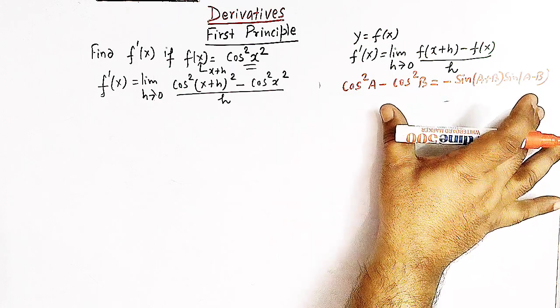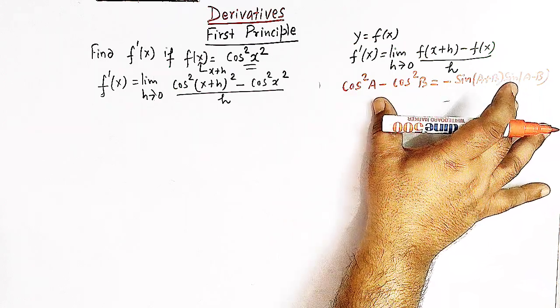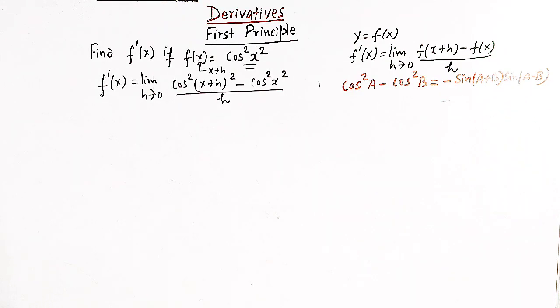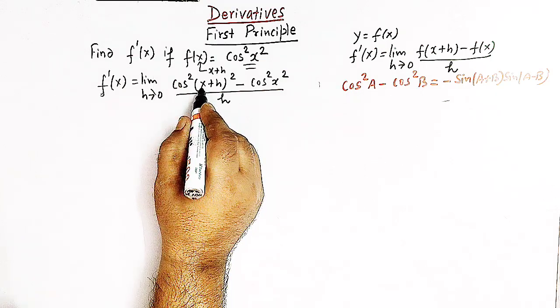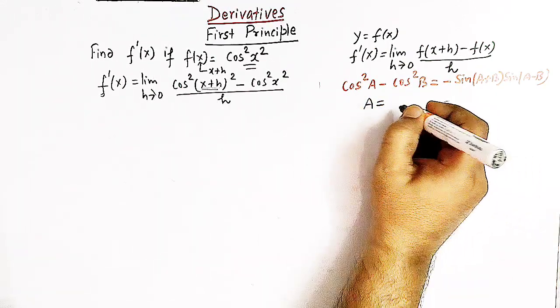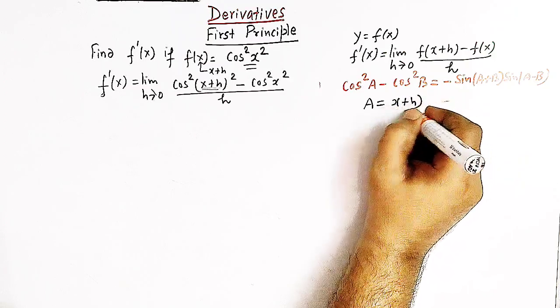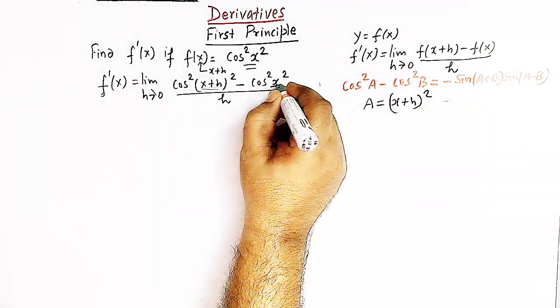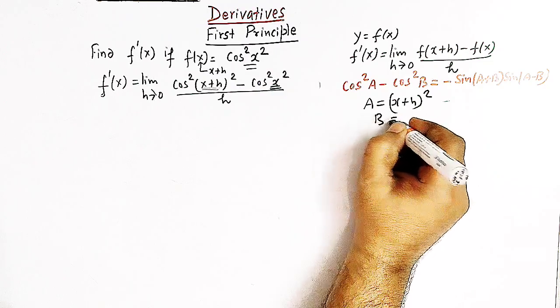So this is an important trigonometric identity which can be used here, and what we will do, we'll take a as this term, right? So we'll assume a as x plus h square and b as x square.